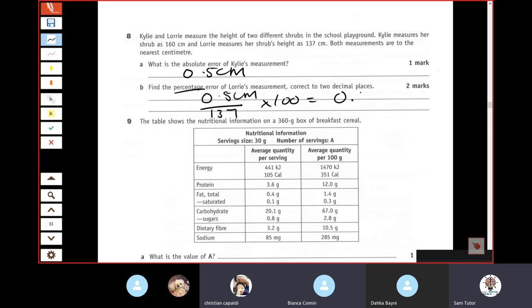It says 2 decimal places. So if you're saying 0.3, Christian, it can't be right. Yeah, careful. Look at this. That would have lost the mark. You did all the work and got it right. Just because it says 2 DP, you just lost 1. It's not worth it. Be careful.